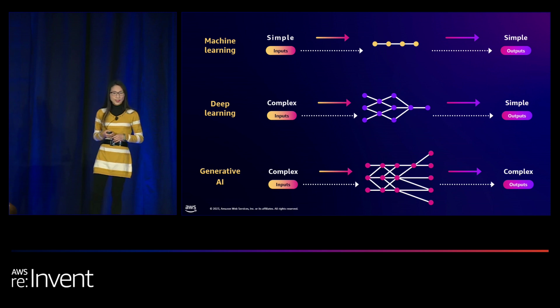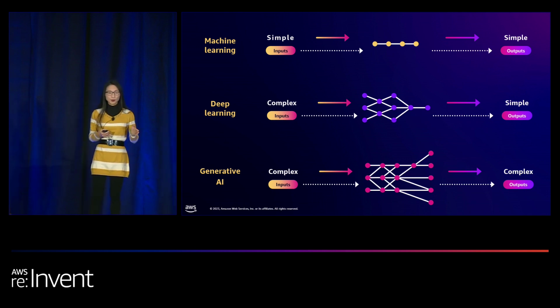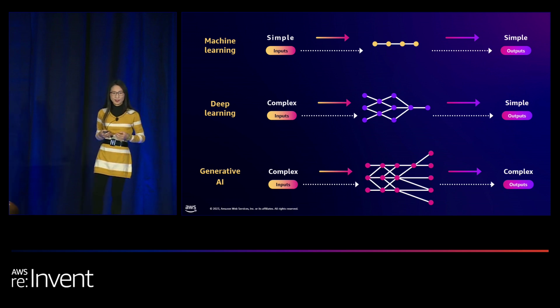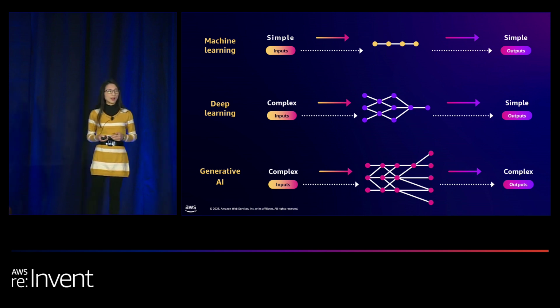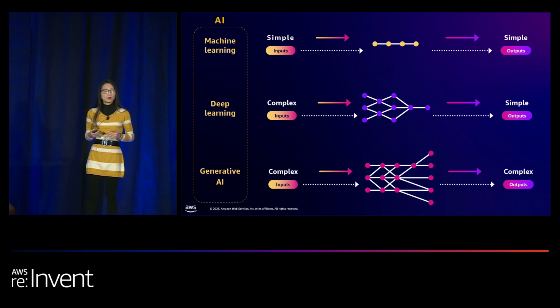And now, with generative AI, we can leverage massive amounts of complex data to capture and present knowledge in a more advanced way, mapping complicated inputs to complicated outputs, like extracting a summary and key insights from a large document. So this is how traditional machine learning models, deep learning models, and generative AI models under the scope of artificial intelligence differ from each other from an input and output point of view.